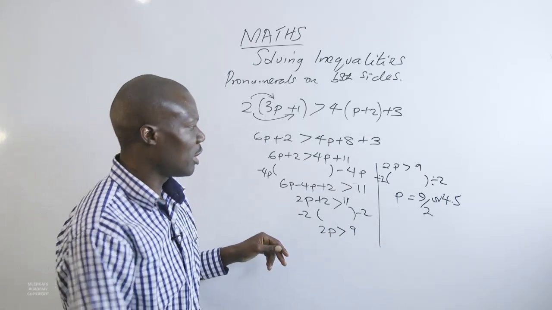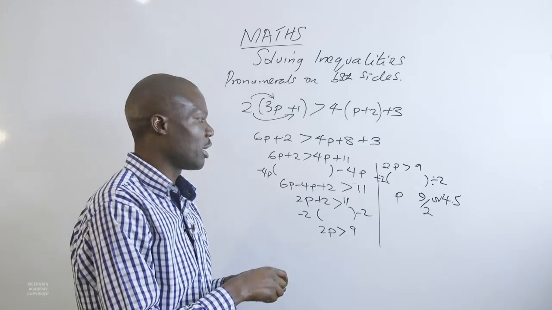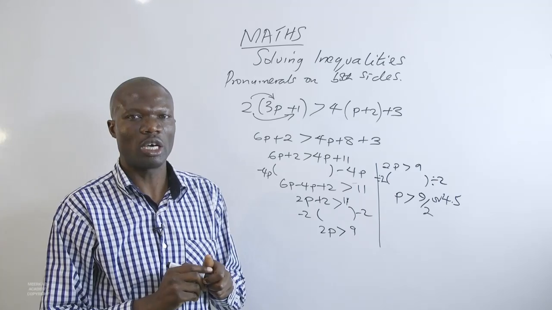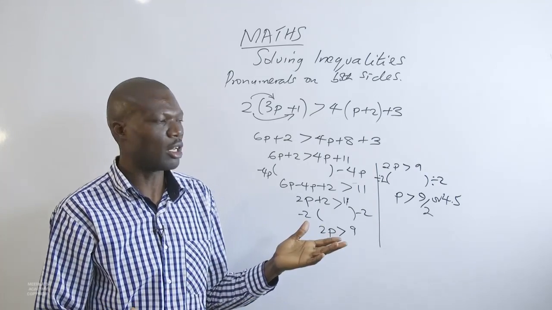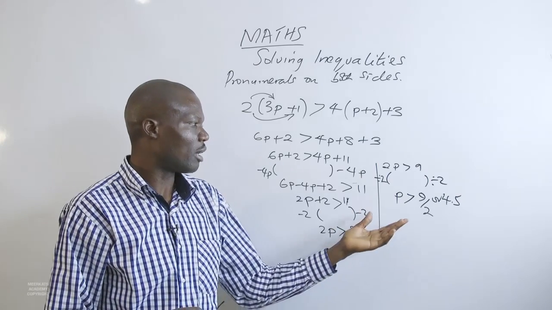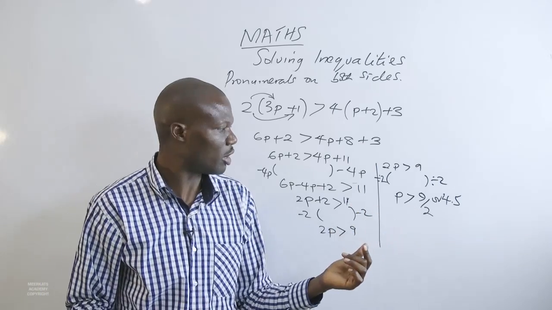It's not always a must that the value of p will be a whole number. It can also be a fraction, it can be a whole number, and so on. For this case, it's an improper fraction of 9 over 2. That is what we have there.